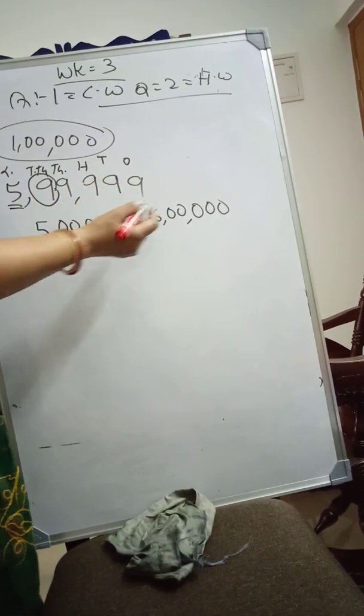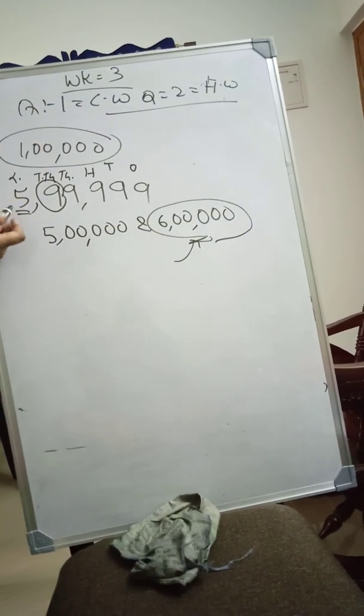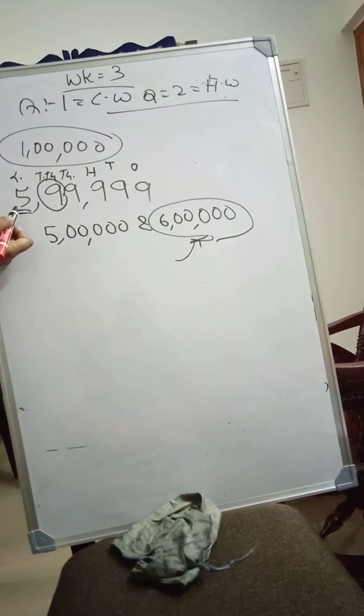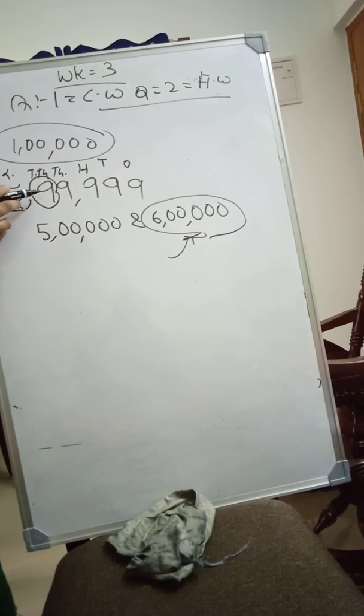5,99,999 किसके नज़दीक है? 6 लाख के ज़्यादा नज़दीक है, ठीक है। तीसरी बात, जब भी हमें राउंड ऑफ करना है, whenever you have to round off the digit to the nearest 1 lakh, then always look at the digit at the 10,000 place.